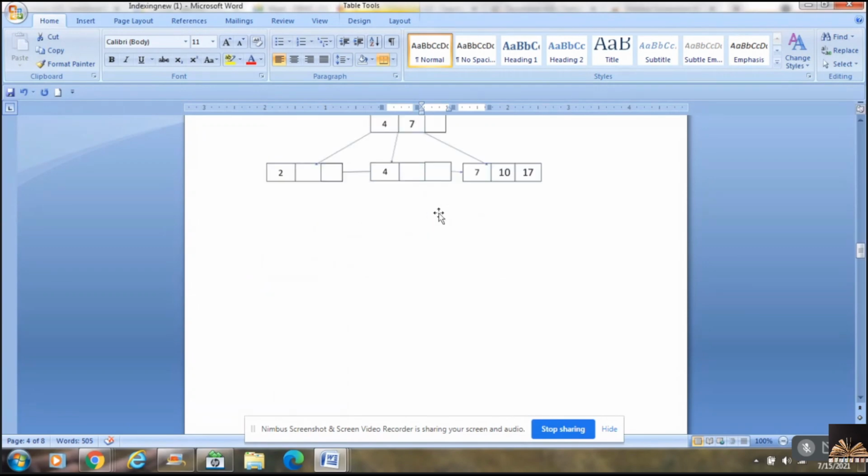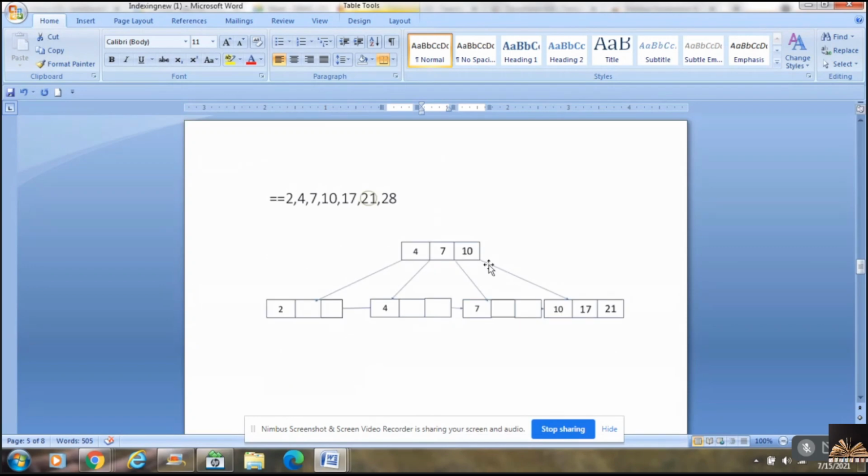Here, this is greater than or equal to 7 and less than 10. The elements which are greater than or equal to 10 will go into the last node. So 21 has been inserted over here: 10, 17, 21.